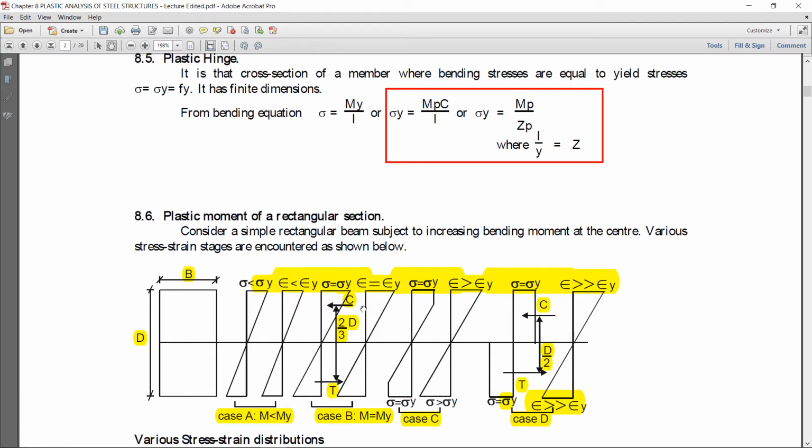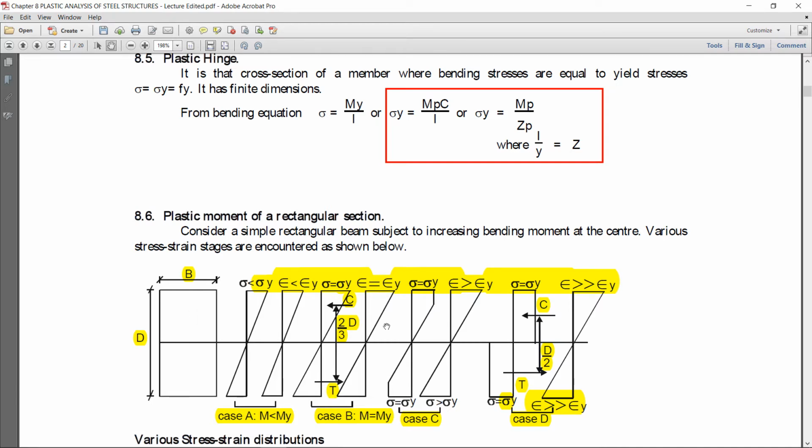Then the third case: first the extreme fiber yields, then the lower fiber yielding will start. Here is the section of this beam. You can see the maximum bending stress is at the extreme fiber, so first the extreme fiber will fail, then the failure comes down the beam and reaches the center.